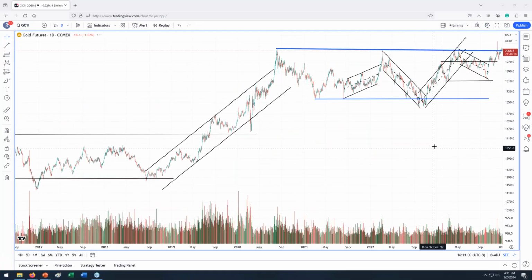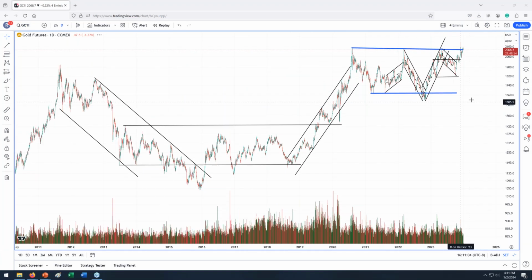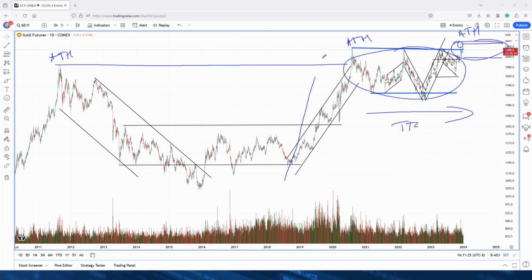My idea from last year was that, as we approach the all-time high, we're gonna consolidate, but we're gonna consolidate in the upper part relative to the previous move, or this.